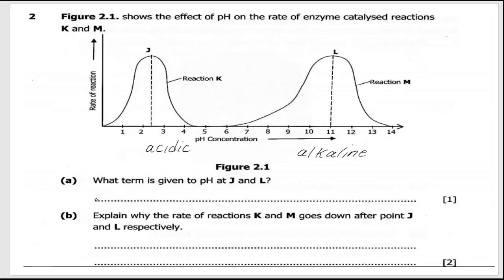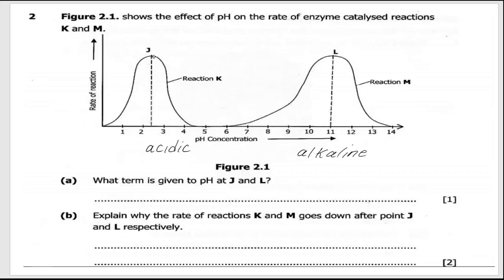So the first question is saying, A, what term is given to pH at J and L? What do we call the pH at J and L? As we can see, this is where the enzyme activity is working at its best, because these two reactions are being affected by enzymes.